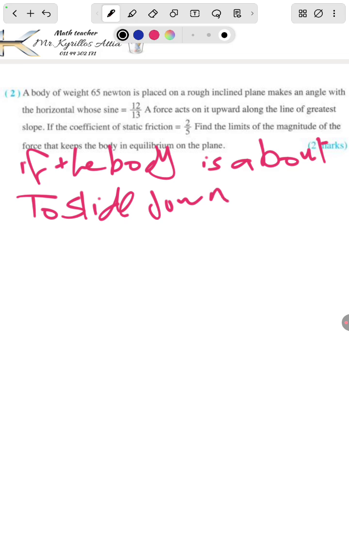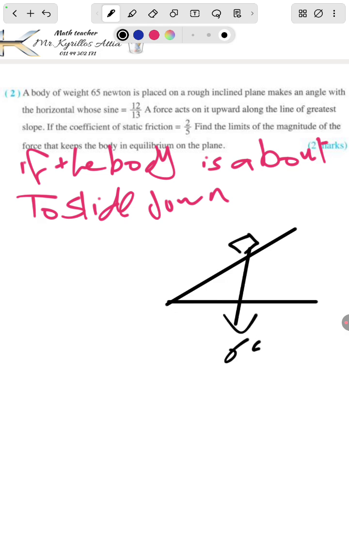So we can draw the body. Here the inclined plane, and here the body. Its weight is 65, and this is the normal reaction N, and we can resolve the weight.